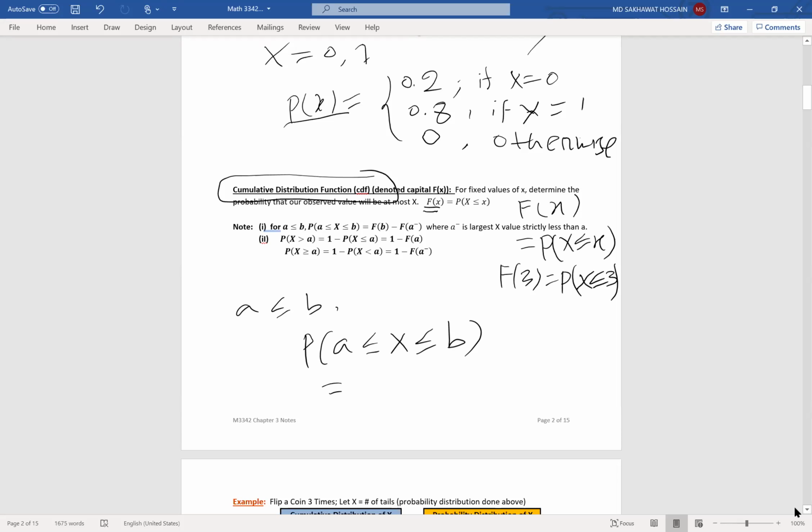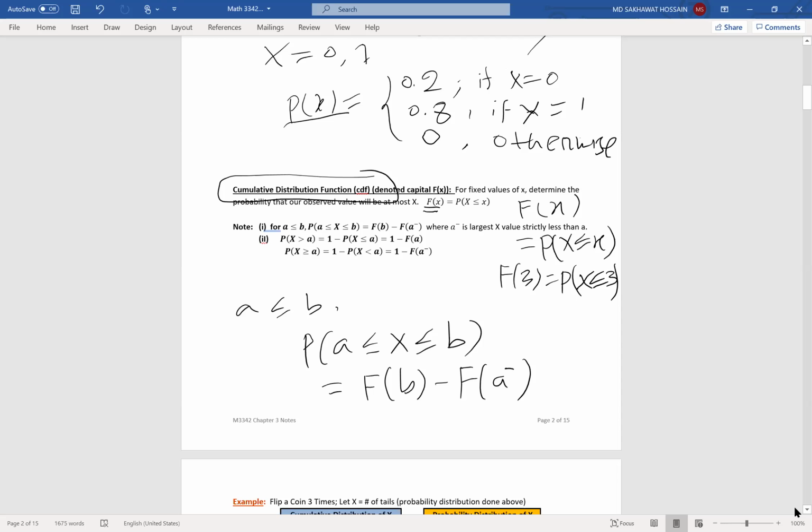This probability will be equal to F of b minus F of a negative. So a negative is not negative a. This notation is different from the negative of some number. This is not negative of a.